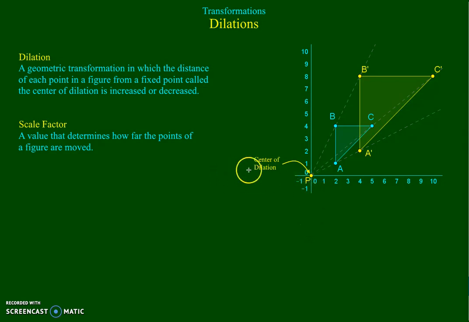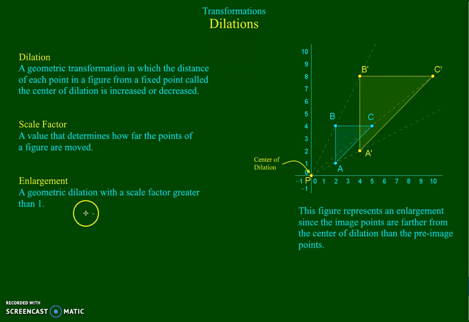Now again, scale factor determines how far the points are moved away, and we can have two different types of scale factors. If a figure is dilated with a scale factor greater than 1, we call that an enlargement.